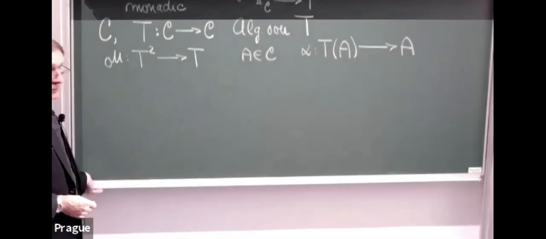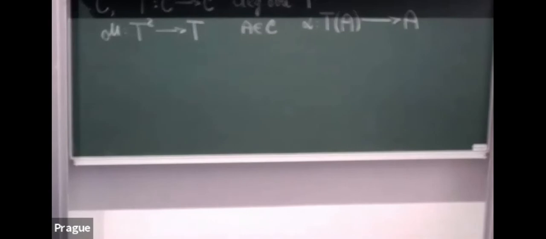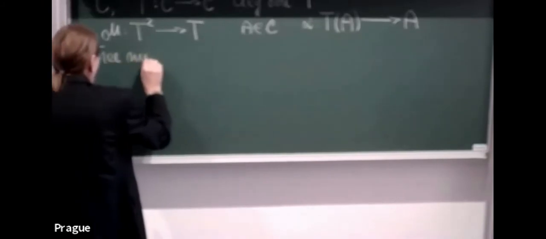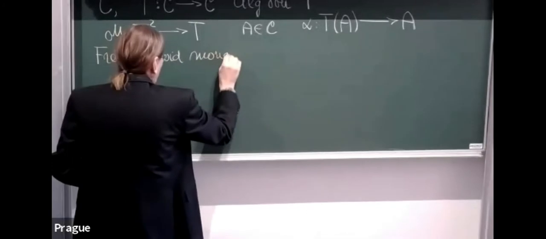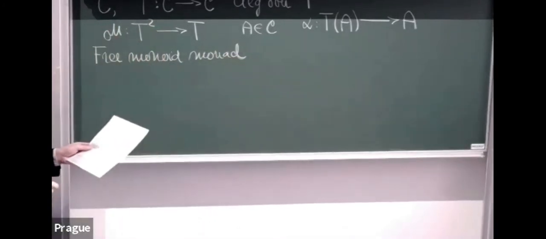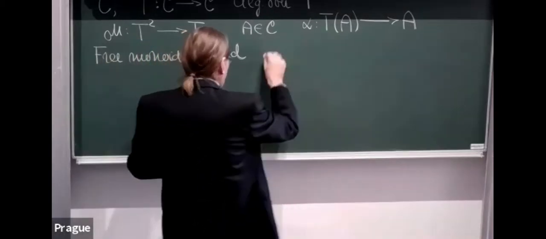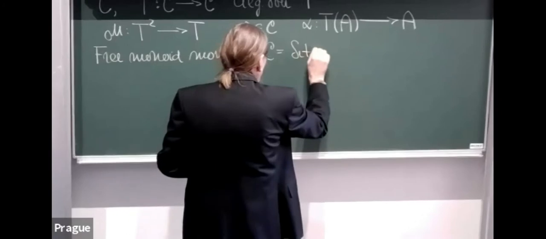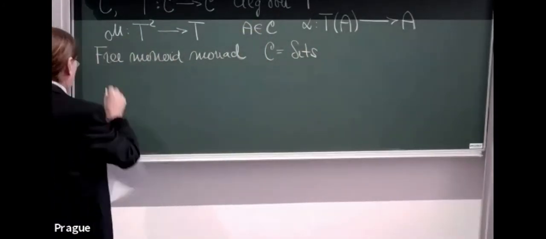I think you can still see it. This is the free monoid monad. The category C in this case is the category of sets. And how is T defined?